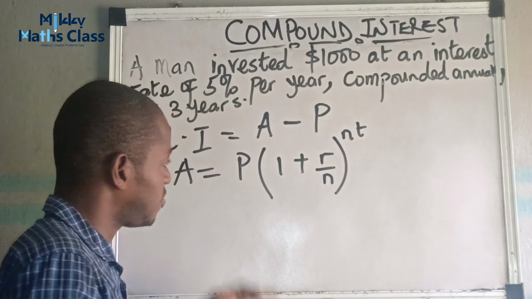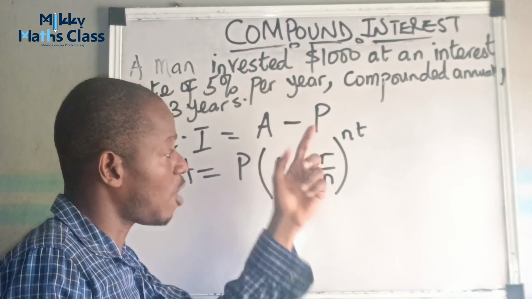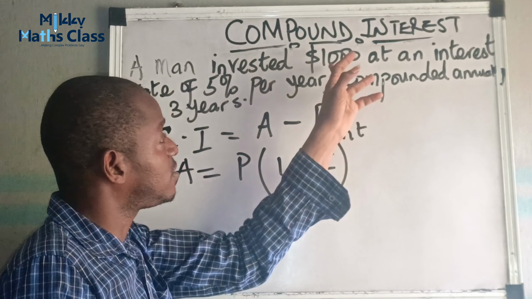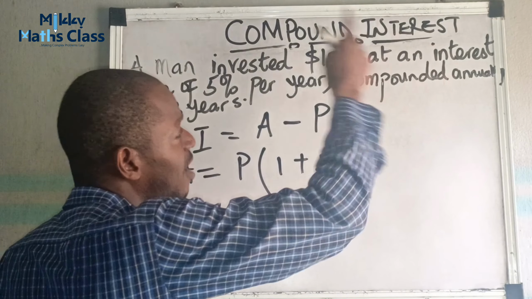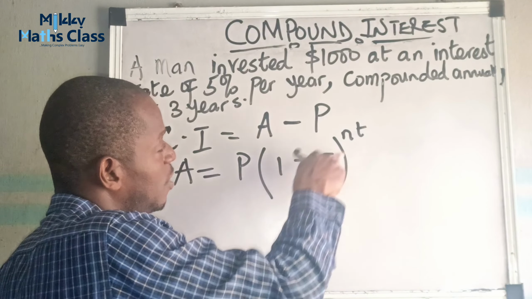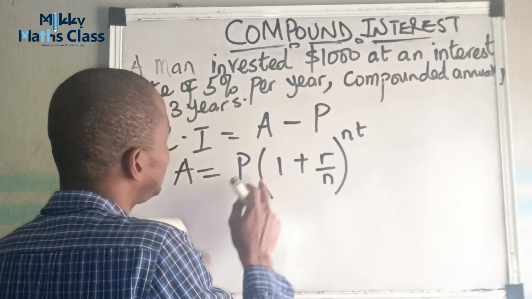Now the P here is the principal, the R is the annual interest, and N is the number of times this amount was compounded. For example, in this question, compounded annually, that's once every year. So our N here will be 1. The T is the number of years. So from here, let's solve this question.